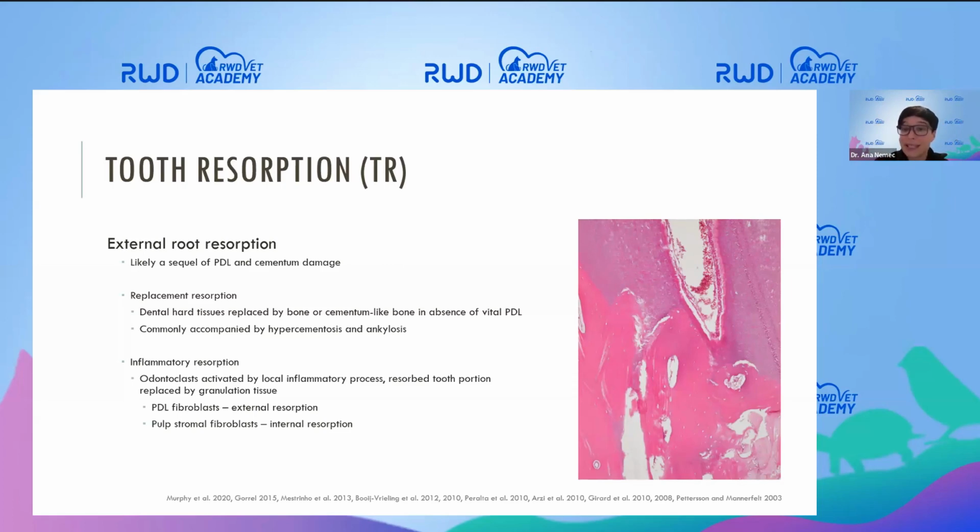And then you can literally see that there is no periodontal ligament between the dentin and bone. They are literally fused. So this is replacement resorption. Bone is literally replacing dental tissues. On the other hand, inflammatory resorption happens when this tooth resorption process is driven by inflammation that is present in the area, which is most commonly happening in periodontal disease. And we will see cases about this shortly.